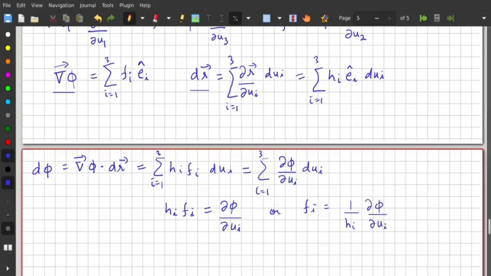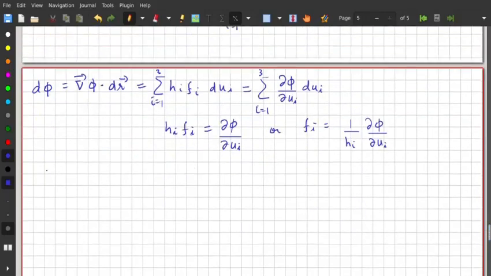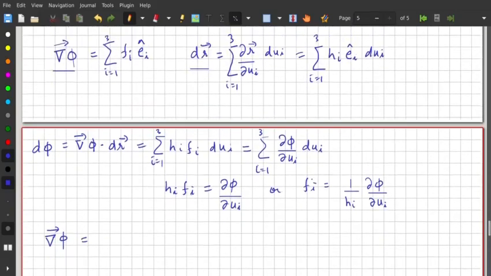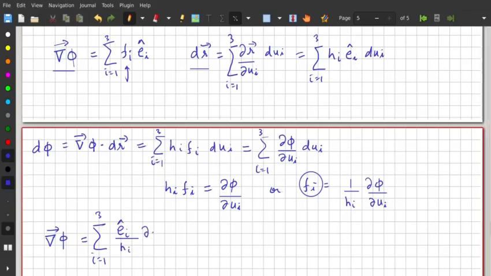Okay, so let's write the grad of phi. We found out what fi is, so we can use that here. Grad of phi is the sum over i equals 1 to 3 of ei hat by hi partial phi partial ui. Okay, so that's a way of writing grad phi.